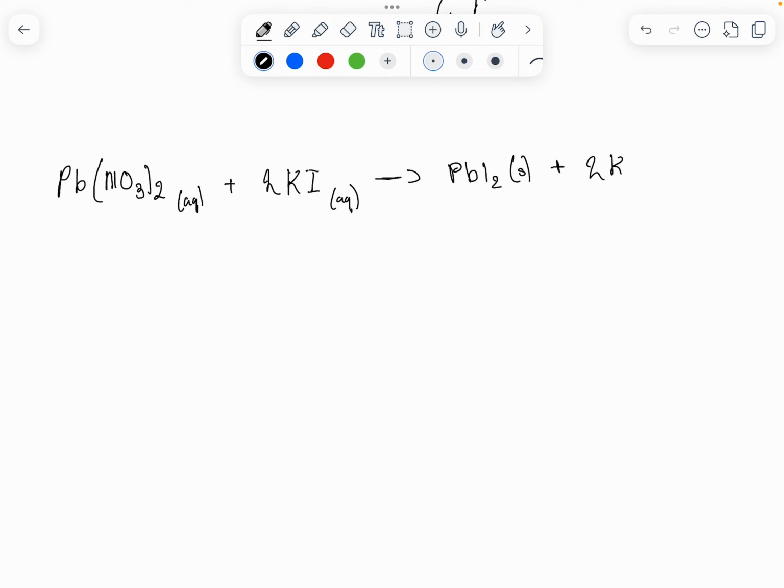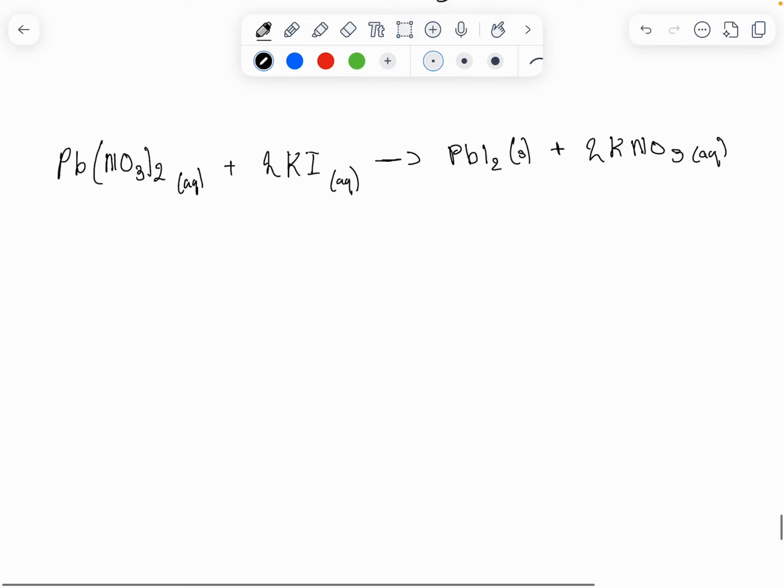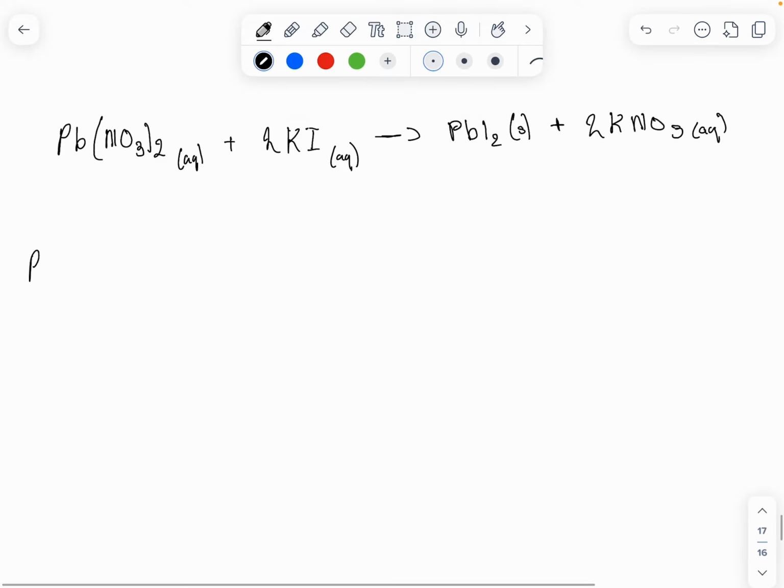Plus 2 potassium nitrogen oxide. Not sure how to say this. So, okay, now to split it up. We have Pb plus I'm thinking about how to write this.